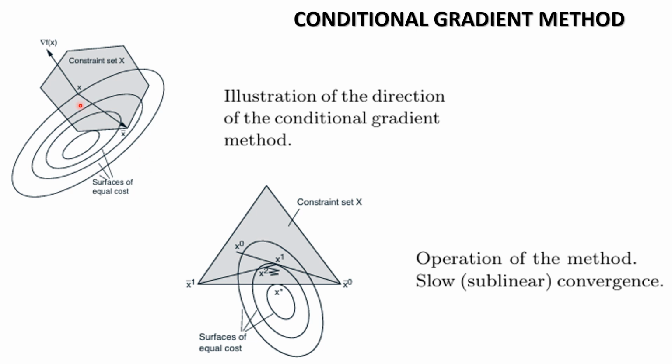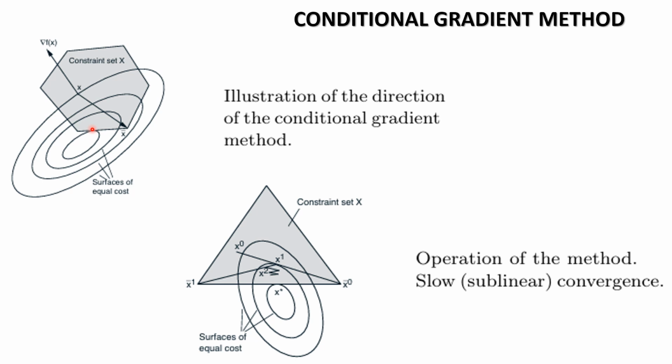However, we can't necessarily move in that direction directly because it might leave the feasible region. These concentric curves are level sets or contour lines of the objective function f(x), and each curve represents points with the same objective value. Moving toward the center means the objective value is decreasing, getting better.